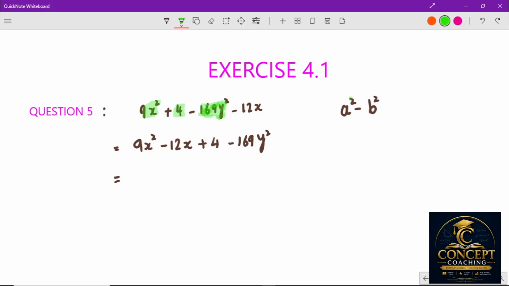This is the first square a square and the second is b square, and we have the negative sign between them. So this is a very important formula. When we have this situation, a square minus b square, we write it as a minus b and a plus b, or we may write a plus b first and then a minus b.